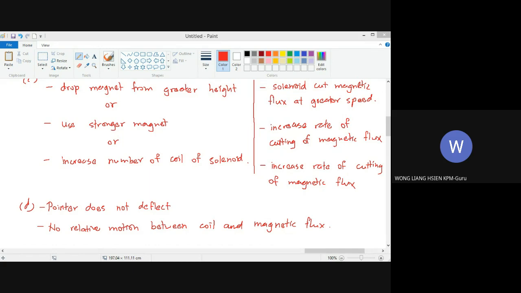Okay, so the electromagnetic induction we finish until here. Make sure you go and try all the objective question. Okay, now we continue on to the next topic, which is transformer.